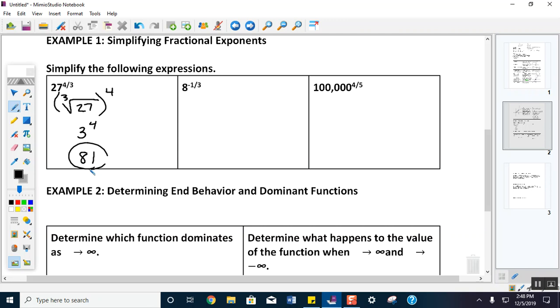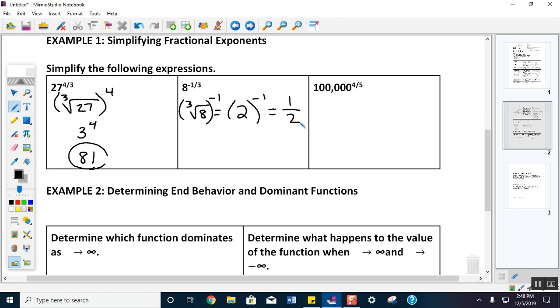1/2. 1/2, you bet. I don't know how you started this. Kylie, why don't you talk me through this quickly? I wrote out the cube root of 8, and all that to the negative 1 power. The cube root of 8 is 2, and that's to the negative 1st power. Then you just flip it over the line, so it's 1 over 2.